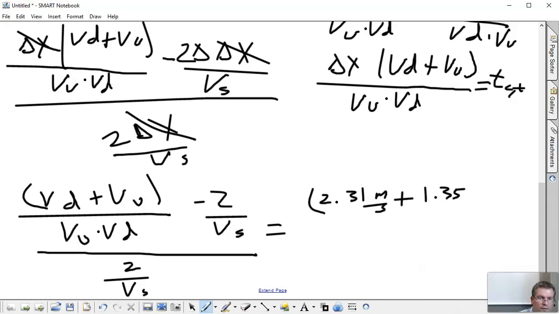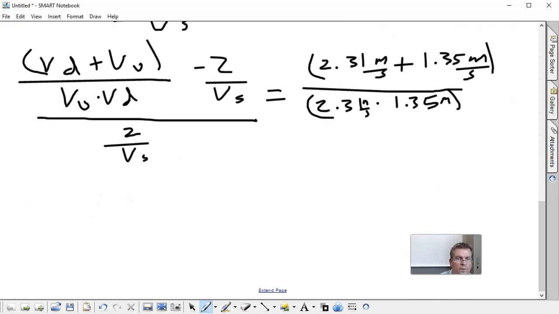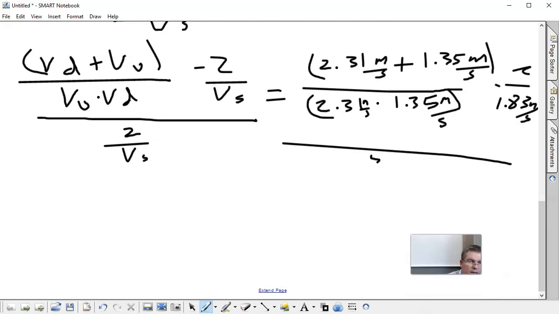And then the product of those two, 2.31 times 1.35, in meters per second. Okay. There's that one, minus 2 over 1.83 meters per second, all over 2 divided by 1.83 meters per second.